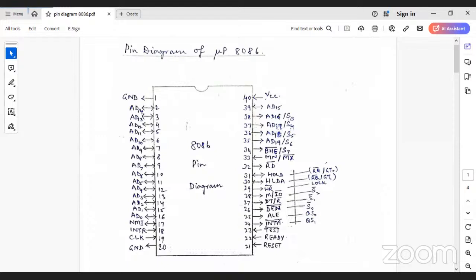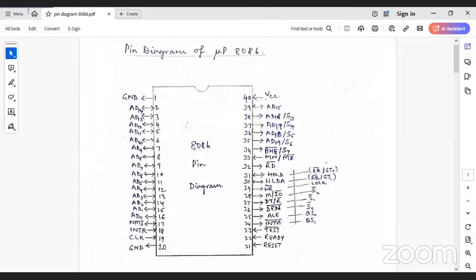So hold is holding a request, hold acknowledge is HLDA, and then write, you know very well that it is a write control operation. And then M/IO bar will be IO/memory control. DT/R is your data transmit/receive. So from the syntax you can understand that is a transceiver function, means it is transmitting as well as receiving. So it is a data transmit/receive.